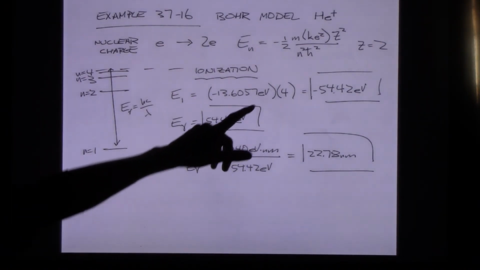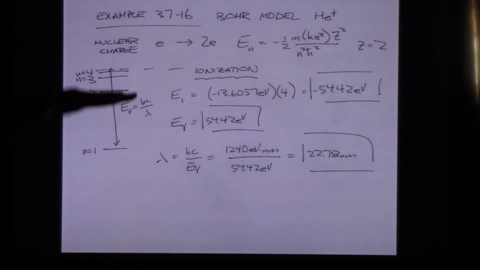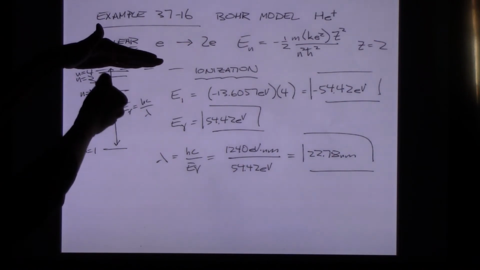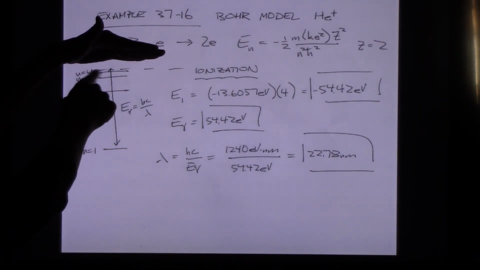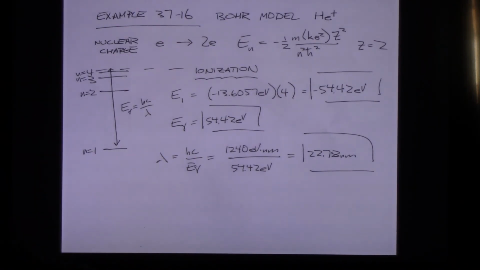Now what that's going to do is boost all of these energies by a factor of 4. So if we use ionization as a reference, what that does is pull all the energies down. Each one of those energies is going to drop by a factor of 4 when I switch from hydrogen to helium plus. If I went to lithium plus plus, everything would get pulled down by a factor of 9.